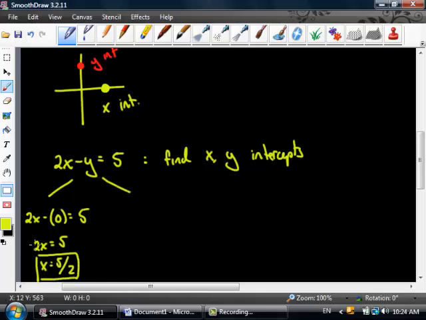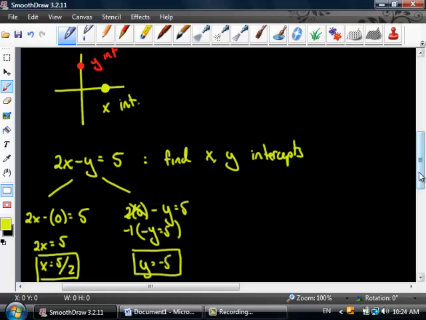I just solved for the x-intercept. I want the y-intercept, which means I'm going to substitute 0 in for x, which means I'm going to get 2 times 0 minus y equals 5. That thing is out of there. Negative y equals 5. I'm going to multiply by negative 1. Y equals negative 5.